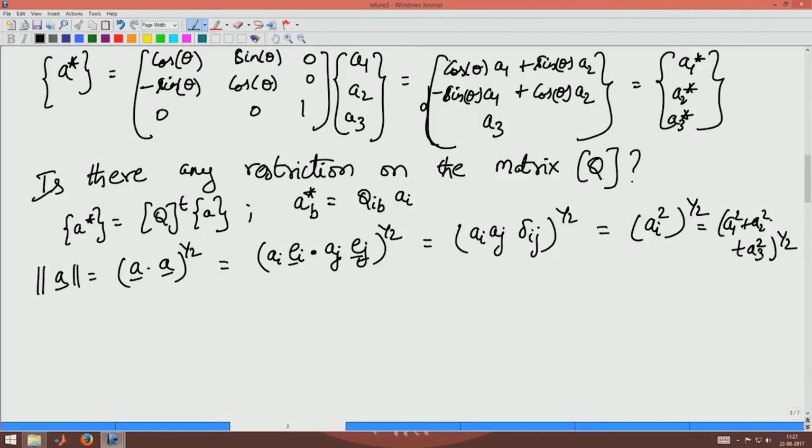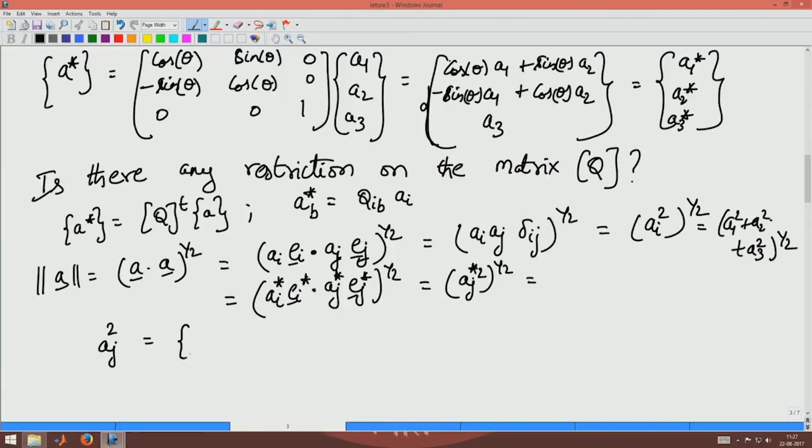Okay. Now, let us do the same thing for the primed, starred coordinate system. A_i star e_i star dotted with A_j star e_j star to the power of, this also I will get as A_j star squared to the power of, and I know A_j star squared is, now how do I find A_j star squared?